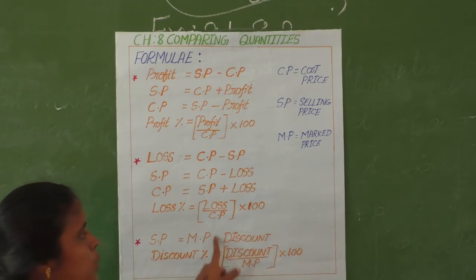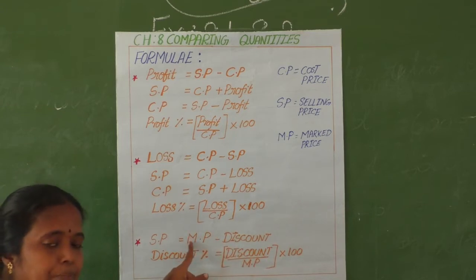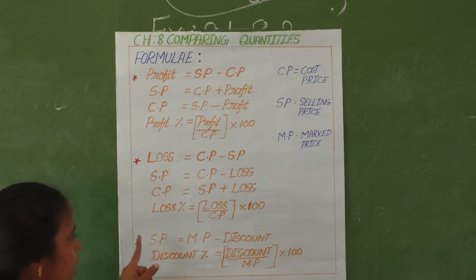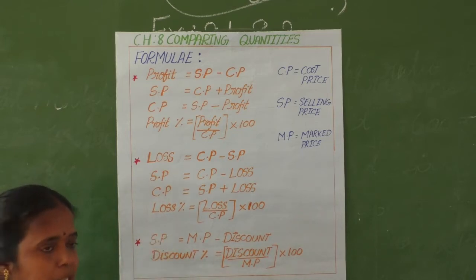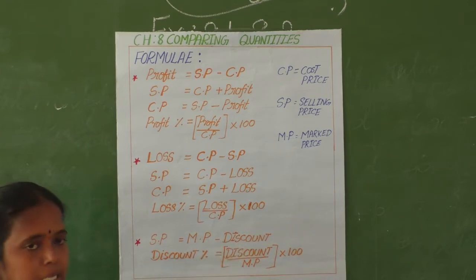After reducing the discount amount from the marked price on the saree, the remaining amount only you are going to give, that is called sales price. That means purchased amount.